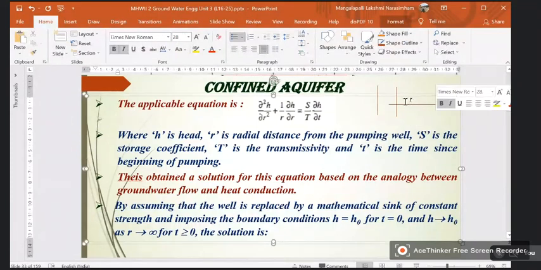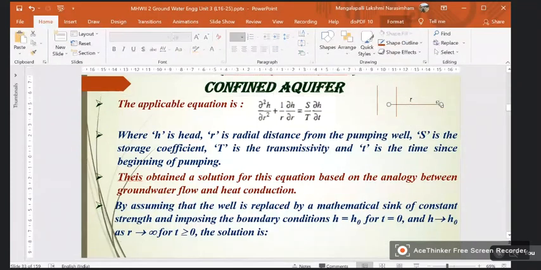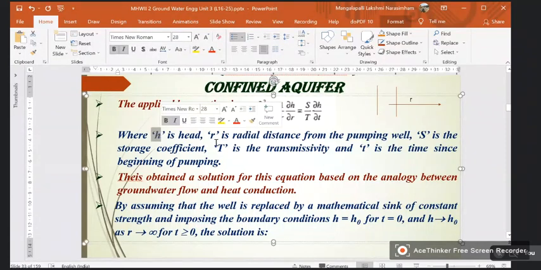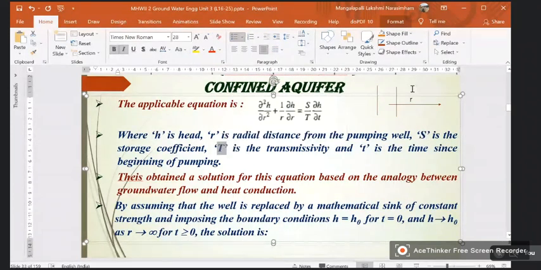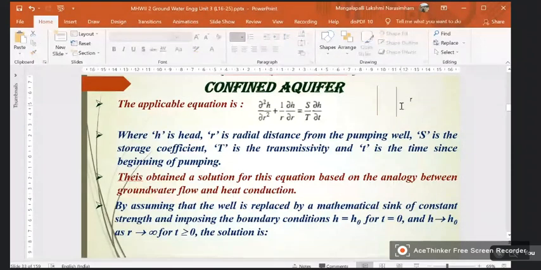So at this point, we are referring this value of h, and S and T are defined for the aquifer as a whole. So this equation is to be solved.